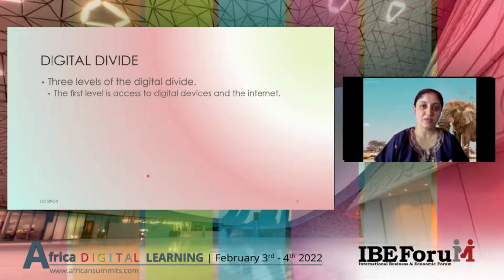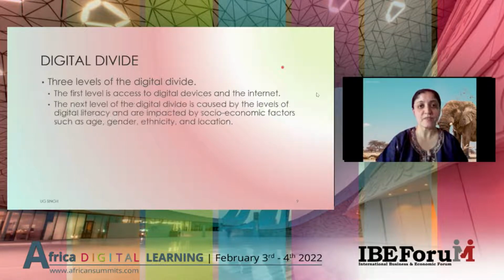The first level of the digital divide refers to the access to digital devices which students and academics needed to use, as well as access to the internet or any form of connectivity. The next level of the digital divide is often caused by digital literacy, which, if you remember back to the diagram that we spoke about when understanding digital fluency, digital literacy was the middle scaffold.